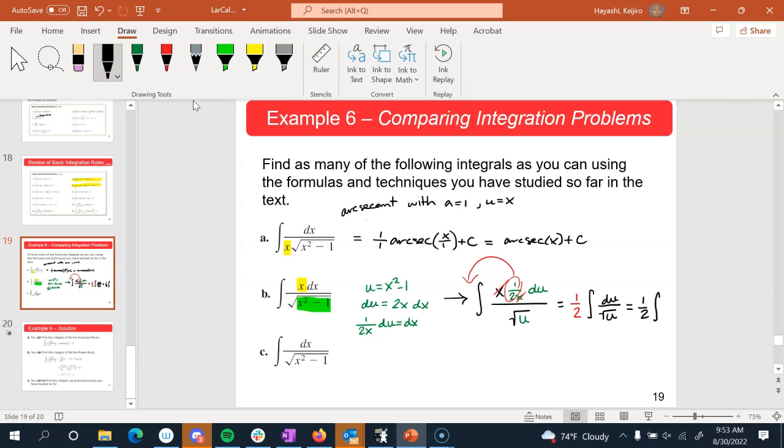If it's on the bottom, you can write it as u to the negative 1/2. So this is u to the negative 1/2 du. It's a 1/2 because it's a square root, and it's negative because that square root is on the bottom. But it is just a power of u, meaning that you can apply the power rule. You're going to add 1 to the power and divide by the new power.